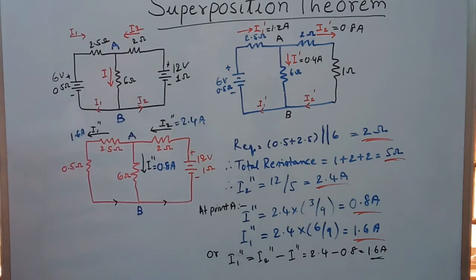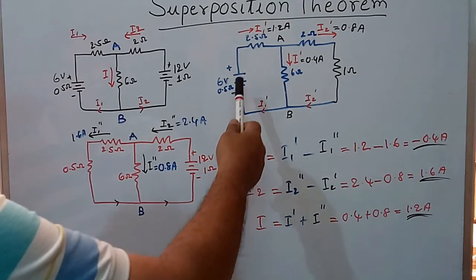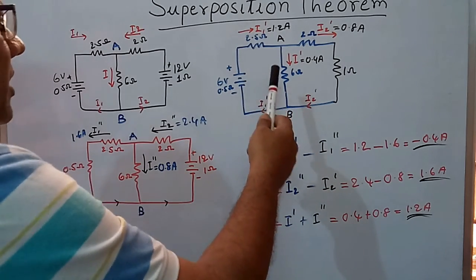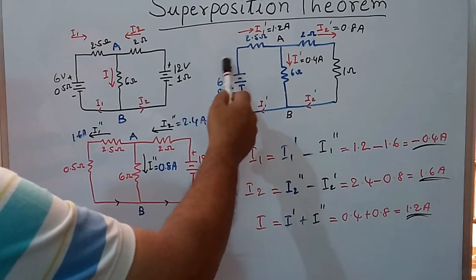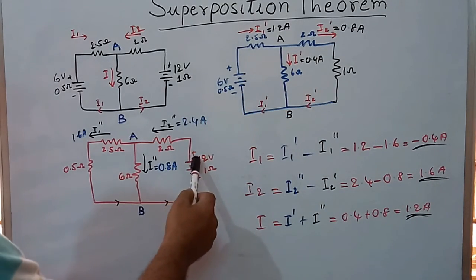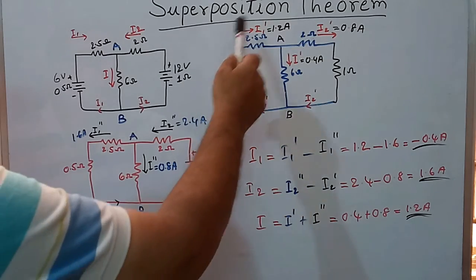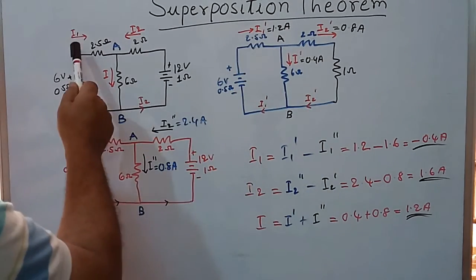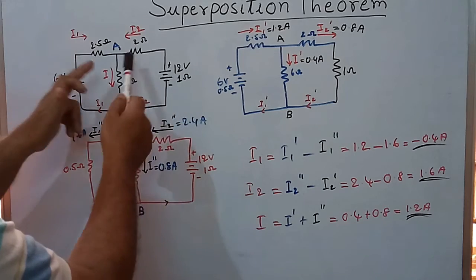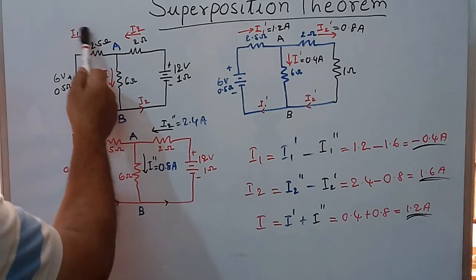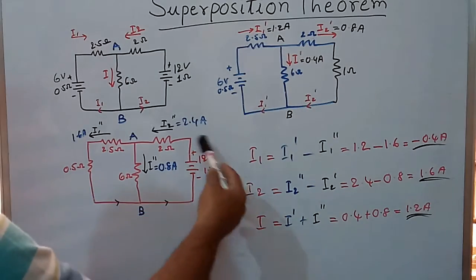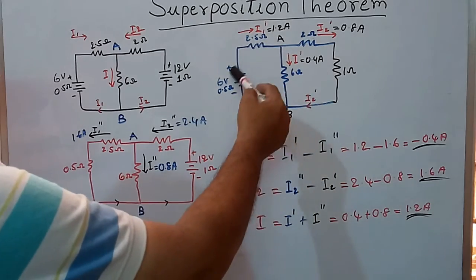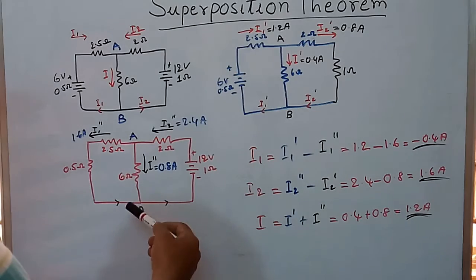Let us see that. Now we have calculated the currents in the network considering the EMFs separately. As per the superposition theorem, when two sources are acting on a network, the current would be the algebraic sum of the currents when each source is acting independently.